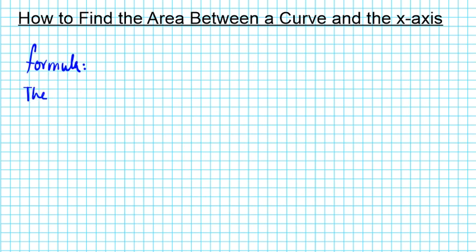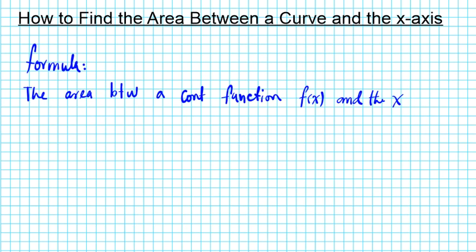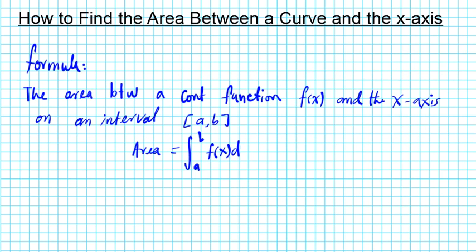The area between a continuous function f of x and the x-axis on an interval AB is given by, so the area is equal to the integral from a to b of f of x dx.